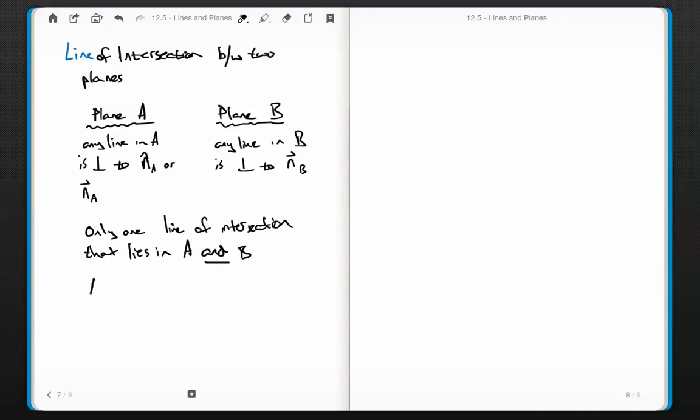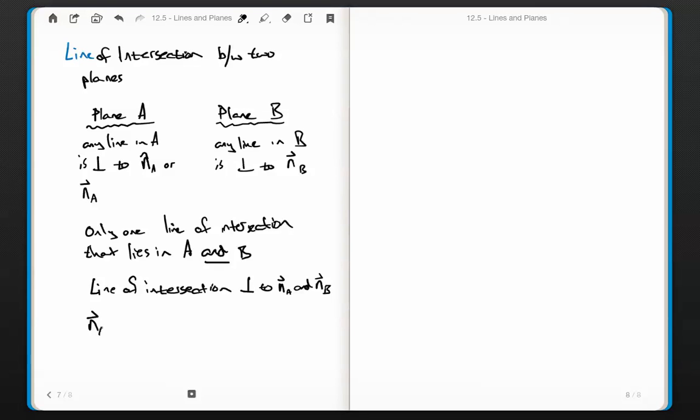So it must be that the line of intersection is perpendicular to NA and NB. Well, what's a vector perpendicular to NA and NB? So the cross product.